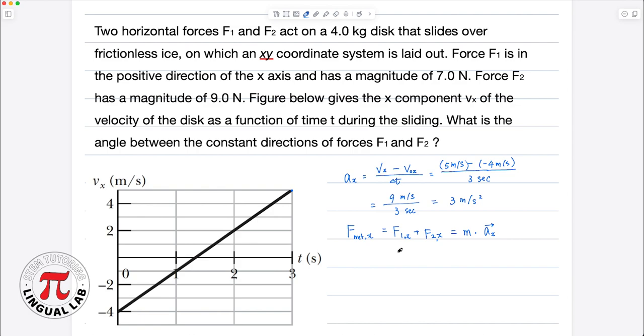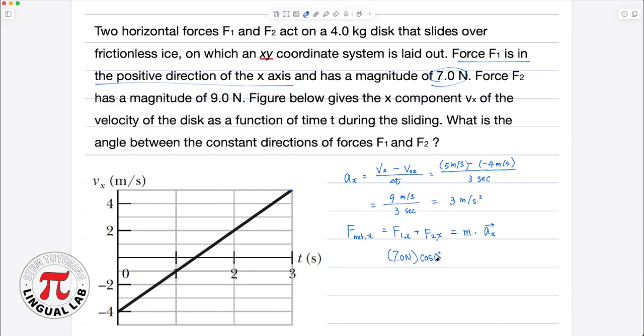Force 1 is in the positive direction of the x-axis, and force 1 was 7 Newton. Because it's the x component, I write 7 Newton times cosine 0 degrees.